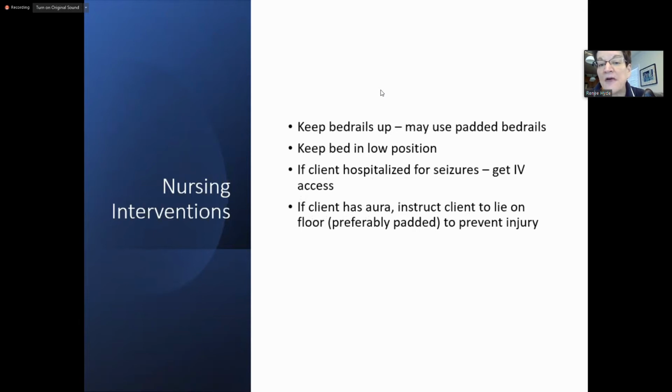We want to keep that bed in the low position, okay? If that patient has been hospitalized for seizures, we want to have IV access, even if they're not receiving IV fluids. Think about it, guys. If I have a patient that is actively seizing, am I going to be able to start an IV on that person?